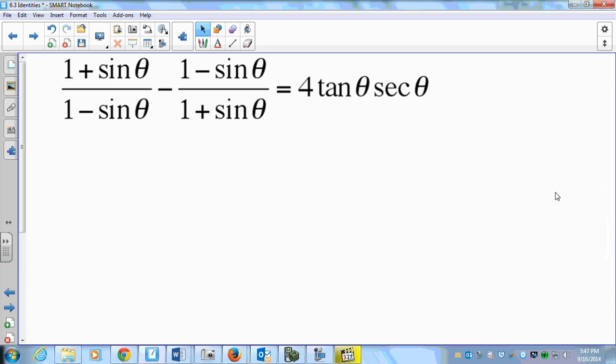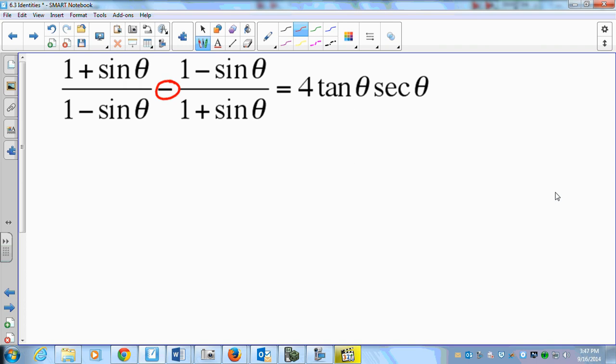All right, here we go on the last one. So again, the left side is going to look a little more complicated to me, so I'm going to work from the left side. One thing I notice is these difference of squares, and I'm going to want to try and get a common denominator when I'm subtracting things. So to both terms, I'm going to multiply by a form of 1 to get a common denominator.